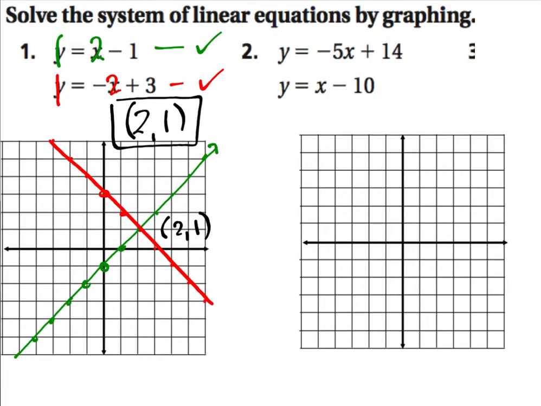y equals negative 5x plus 14 and y equals x minus 10. Wow, those are kind of far apart. I think we'll have to count by twos here. That still doesn't get us up to 14, but I'll just have to do that.